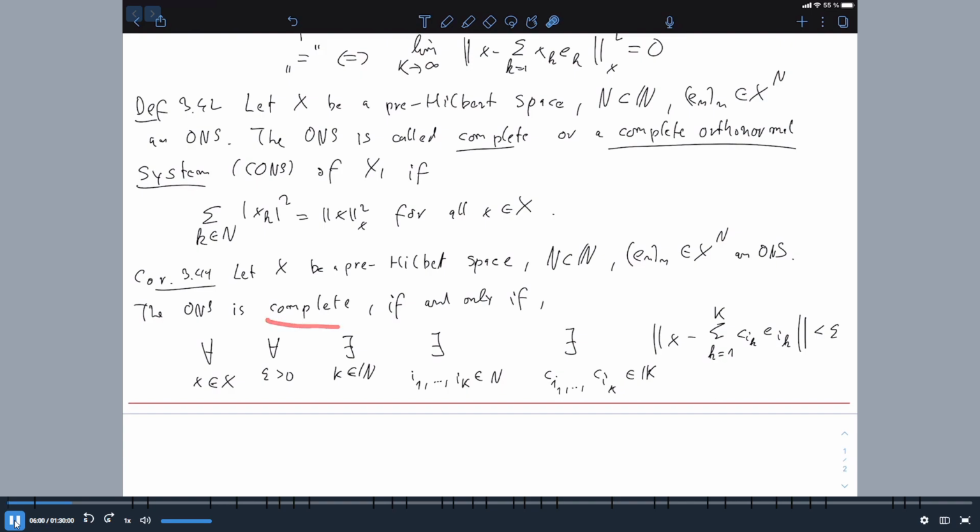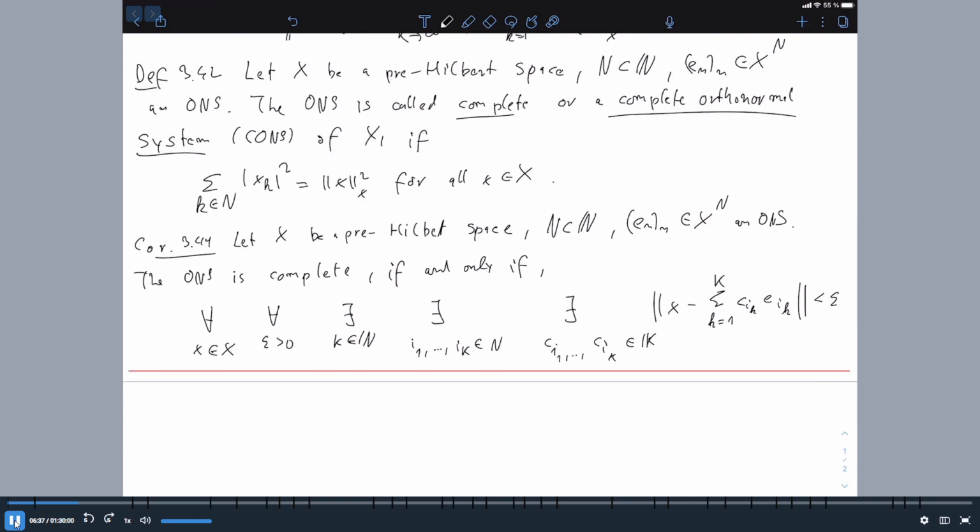An ONS is complete if and only if for any element and any accuracy we find a finite number of elements in our orthonormal system with corresponding coefficients, so that we get to our x with distance at most epsilon. So we get arbitrarily close with a finite linear combination of our orthonormal system. That characterizes the completeness. And that's where we stopped during the last lecture.